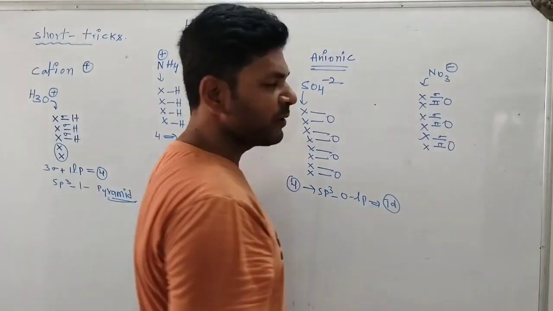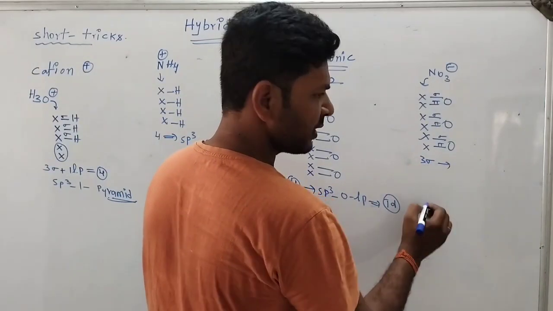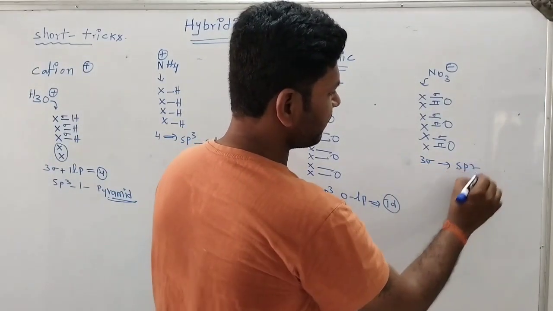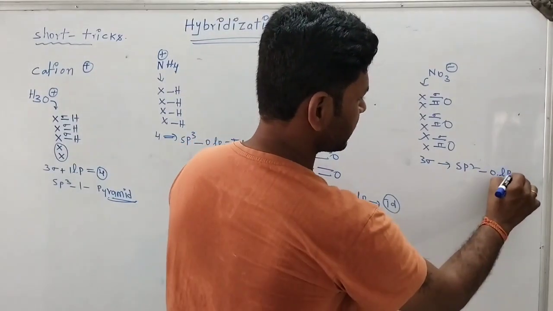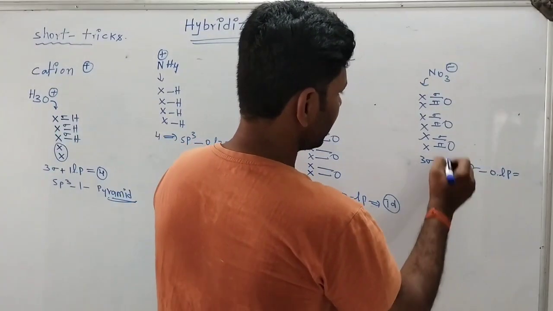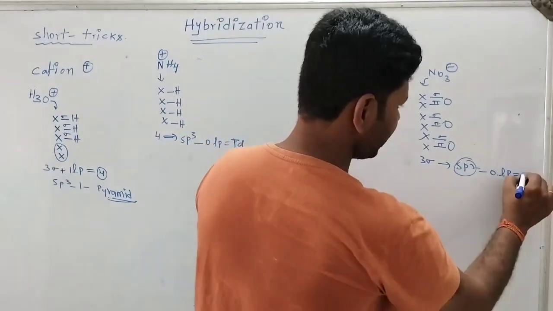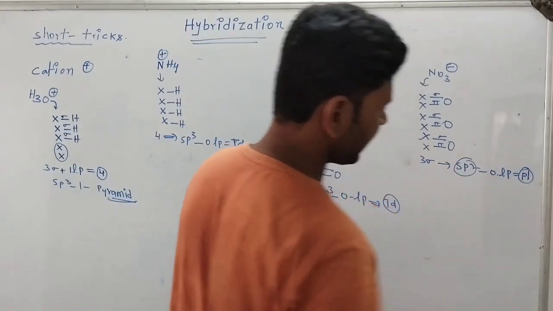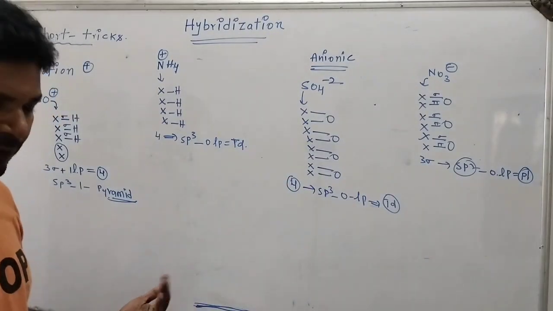Sigma, pi. So total sigma bonds 3. So here sp2 hybridization with 0 lone pair of electrons. The geometry should be planar. Okay, so like that we need to do all one by one.